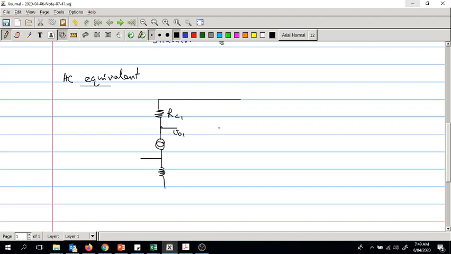And the other side also you will have RC2, and because this is the DC supply, this is a virtual ground for the AC equivalent, and now the same construction would come. You can also draw the equivalent circuit with me, so you will also learn.